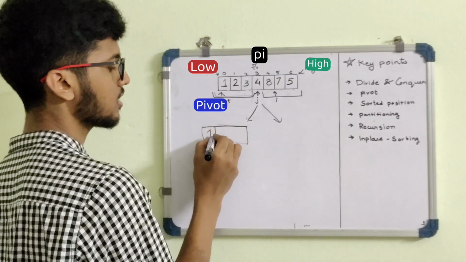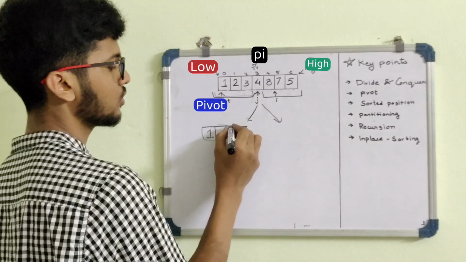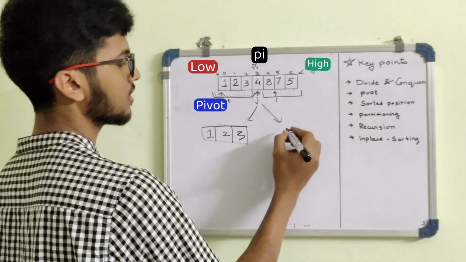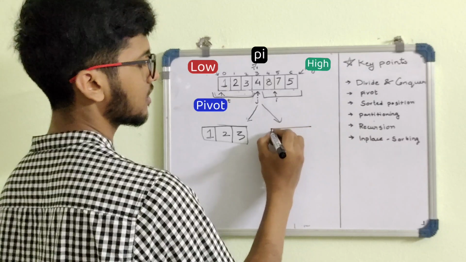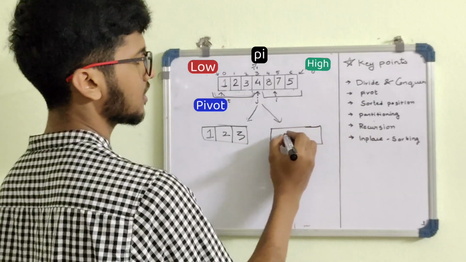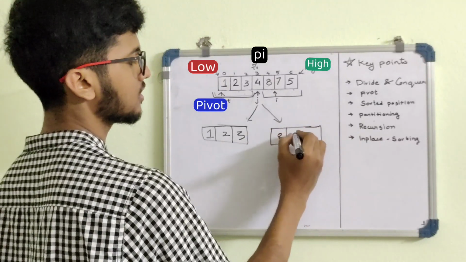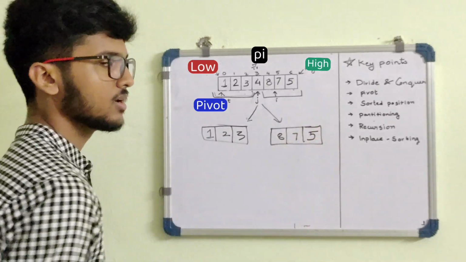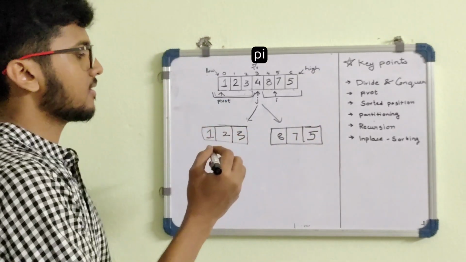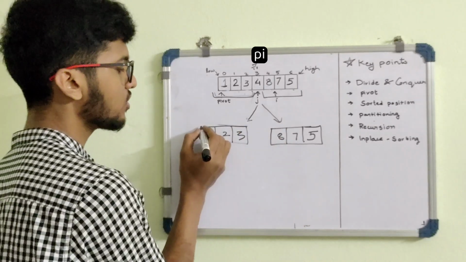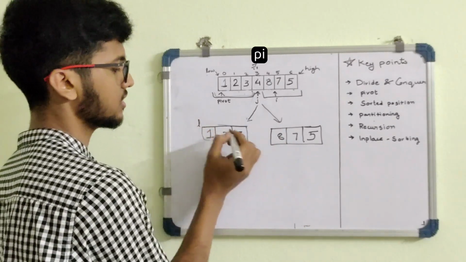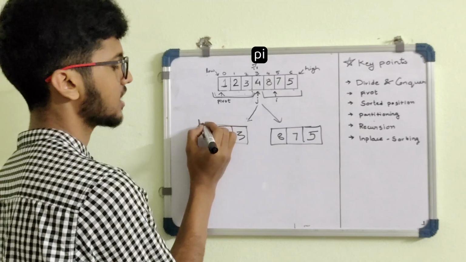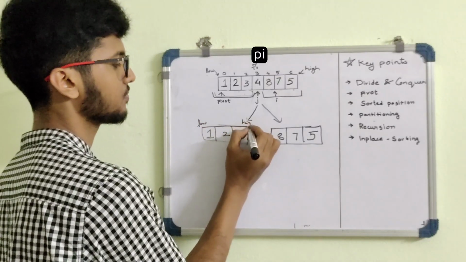So this is 1, 2 and 3, and here is 8, 7 and 5. Here the lower bound of this partition is here and the higher bound is here.